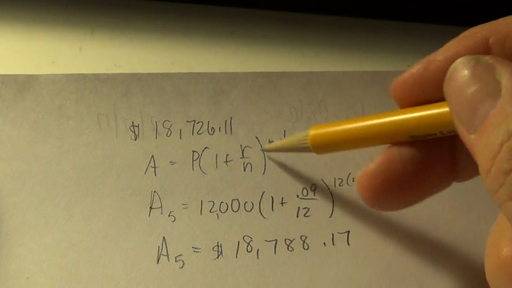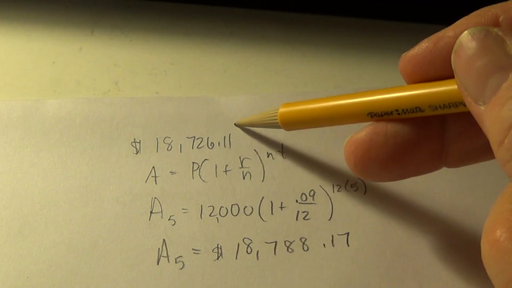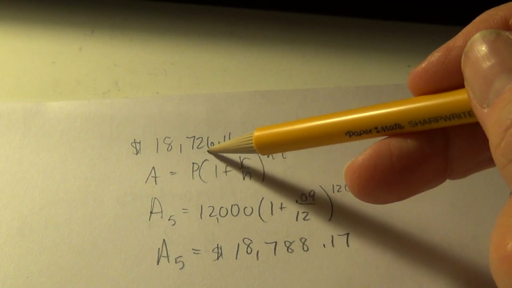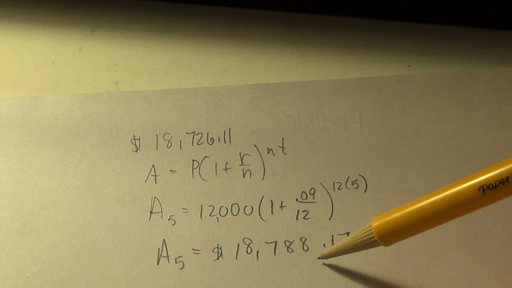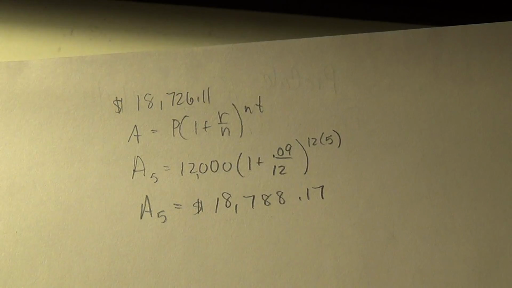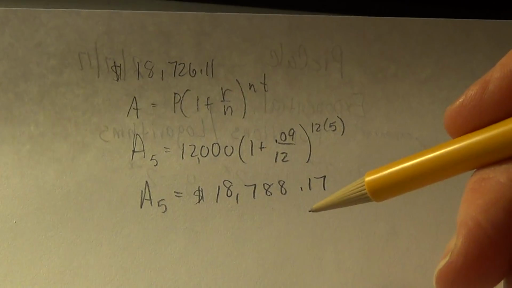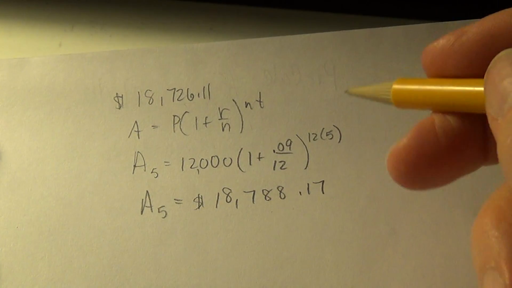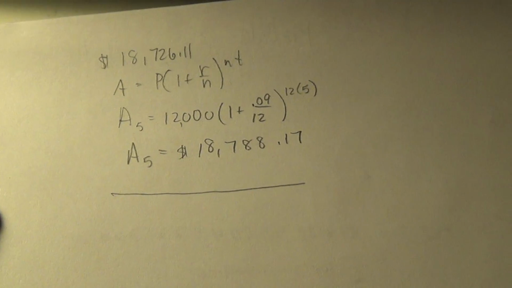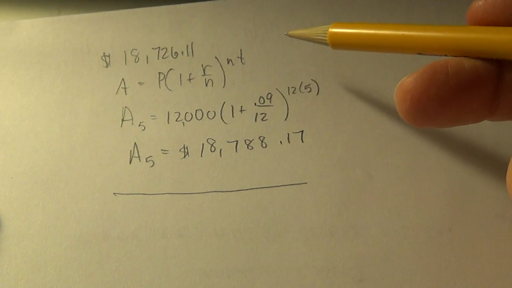So there is some more, but for 5 years it's not a big difference. We went from 26 to 88, so a little more than $60.